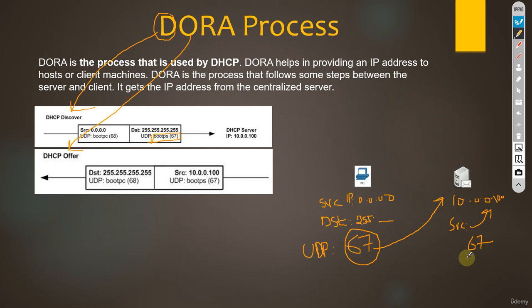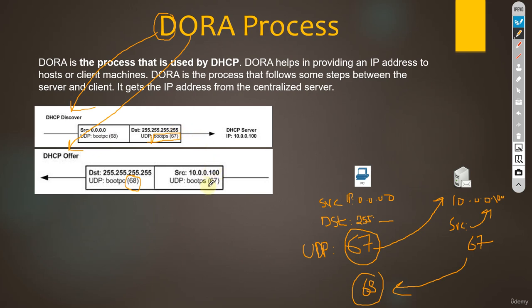I am heading toward port number 68, which is the DHCP client. So these are the identification numbers: 67 is for the server and 68 is for the client. That is why when the client initiated, it initiated from its own 68, heading toward 67.